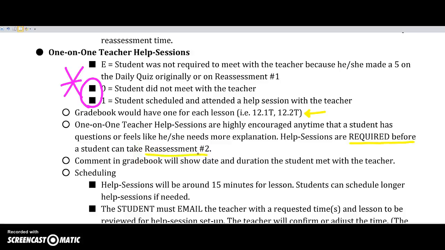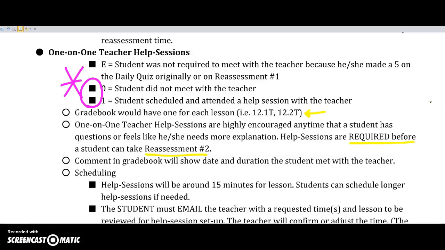Now, this help session is not necessarily pertaining to that really quick 5-minute come in class to see the teacher because I had a question on homework or something like that. This is really getting down into more of a tutoring session to sit down and re-explain a lesson you don't understand, or to go back through some of the mistakes you're making that doesn't allow you to show that mastery.